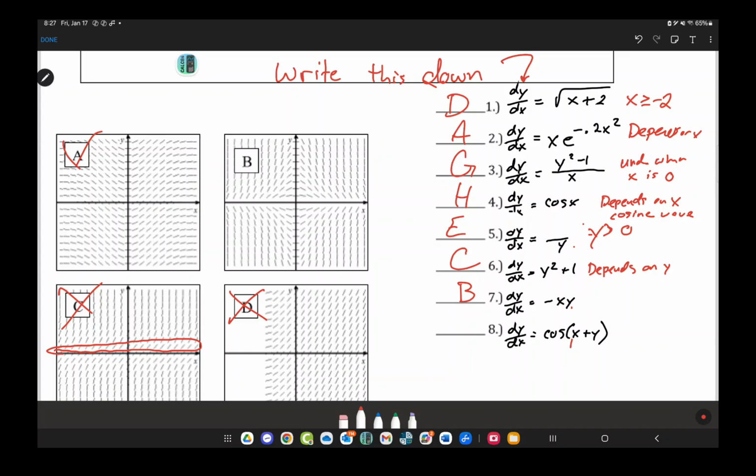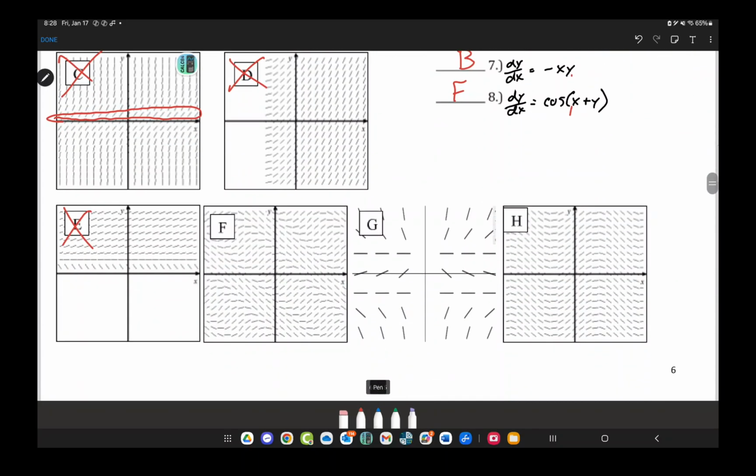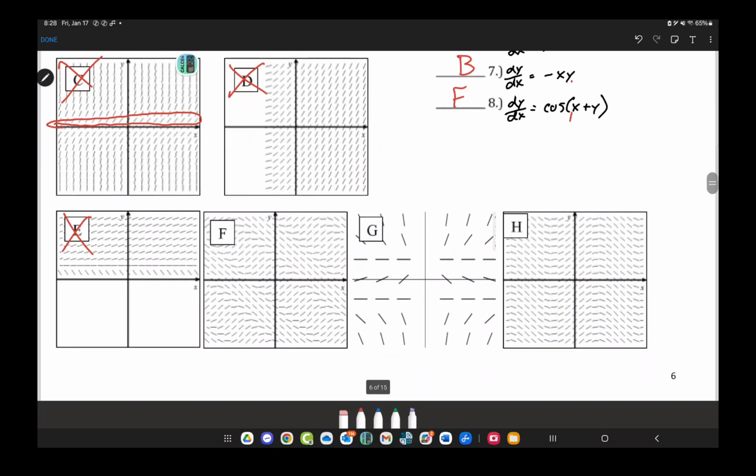And if you notice here, at -1, 1, -1, 1, all these values have a slope of 1.